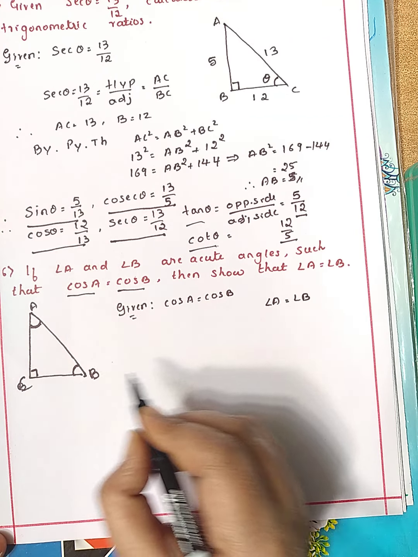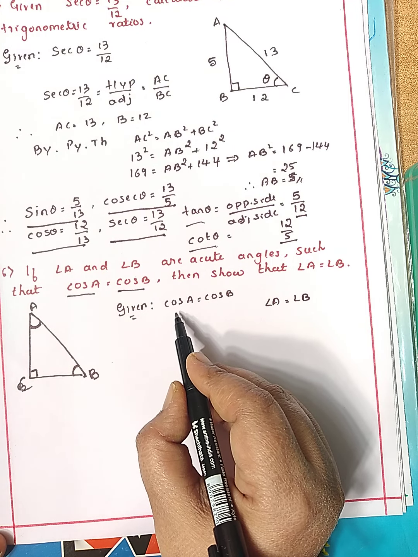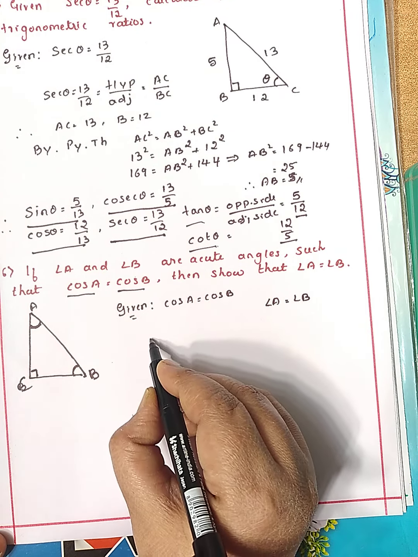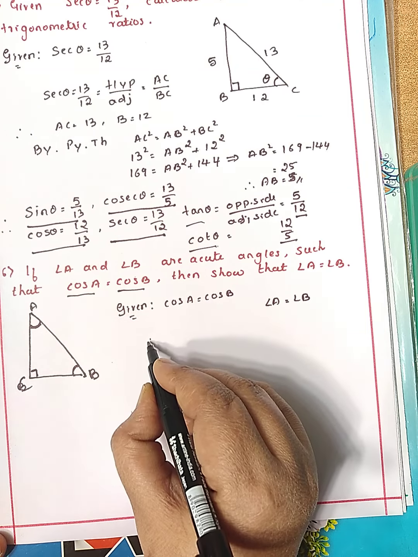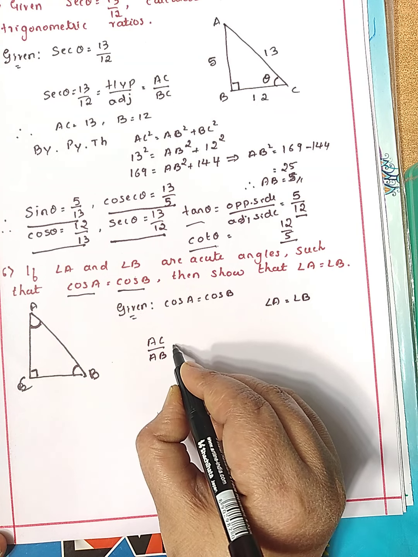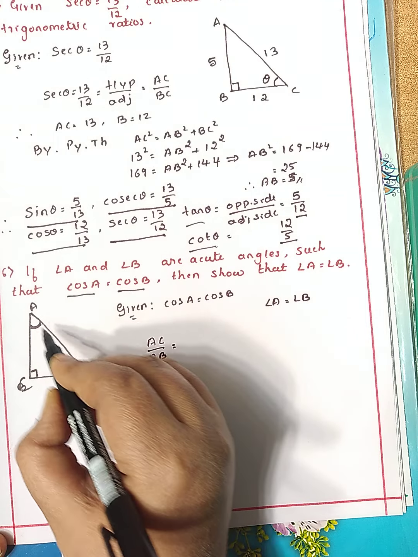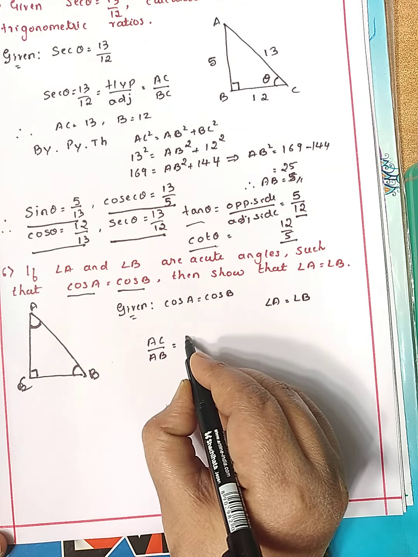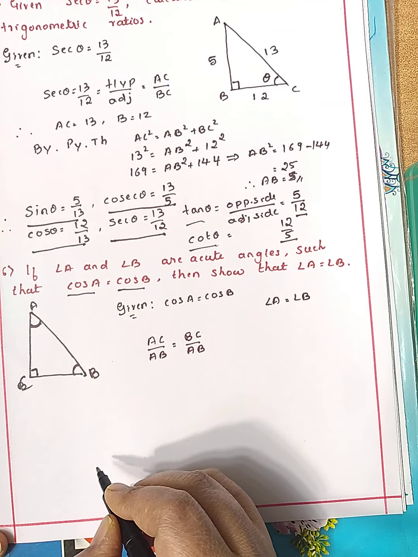Then how will we prove that? The trigonometric ratio of cos A is AC by AB. For cos B, this is adjacent and this is hypotenuse, BC by AB.